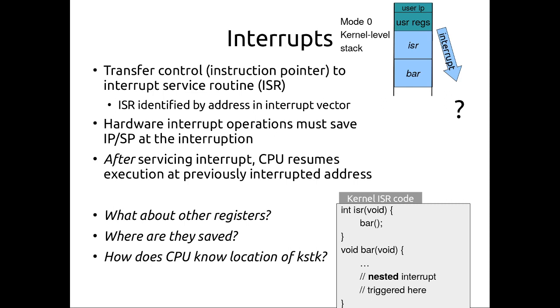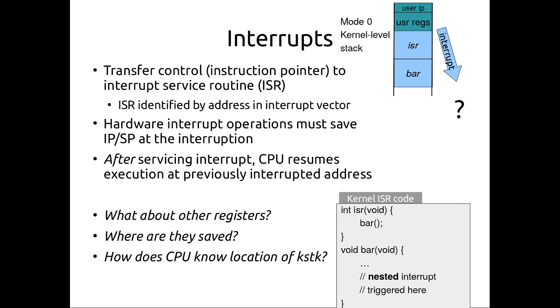So what that means is maybe we were executing at user level at some point, and we made a system call. What we see in the picture here is a mode 0 kernel level stack where we made a system call. It saved the user level IP, stack pointer, and other registers onto the kernel stack, and in this case started executing a system call handling routine.